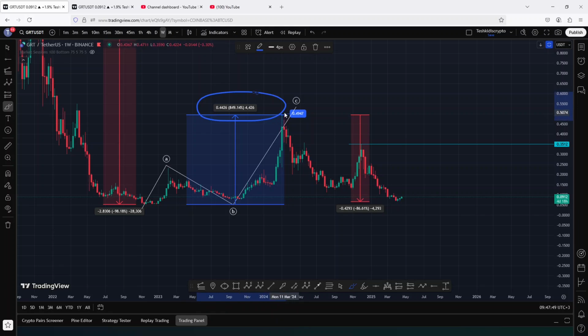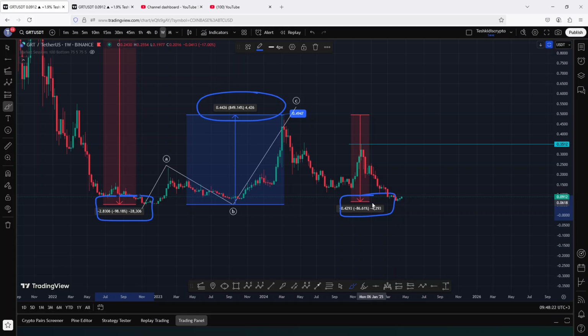Then we started another pullback to the lower side, and in that pullback you can see that at some point the market was down more than 86.61%. Just like in 2022, where the market was down more than 98.18%, there's a very high chance that having seen an 86.61% drop to the lower side, the low is almost in and a bounce is now imminent.